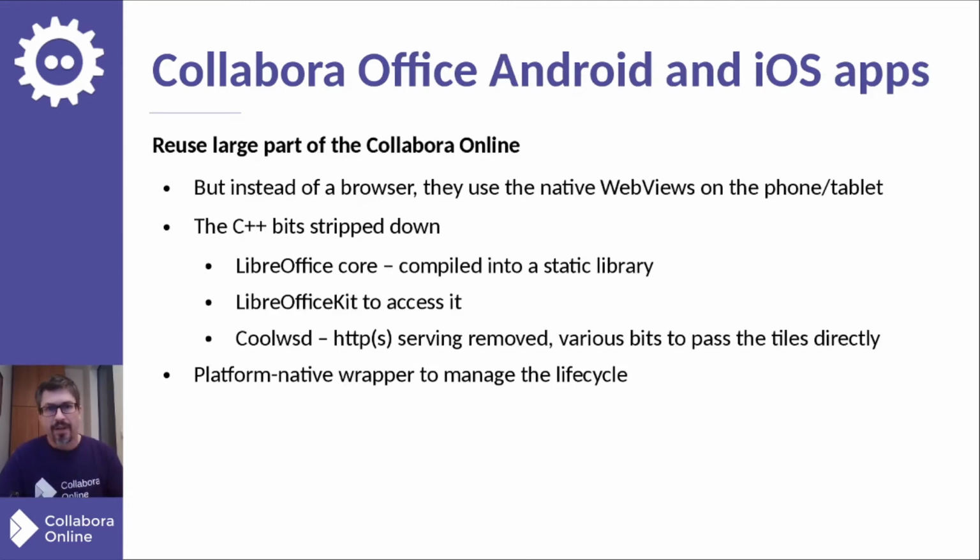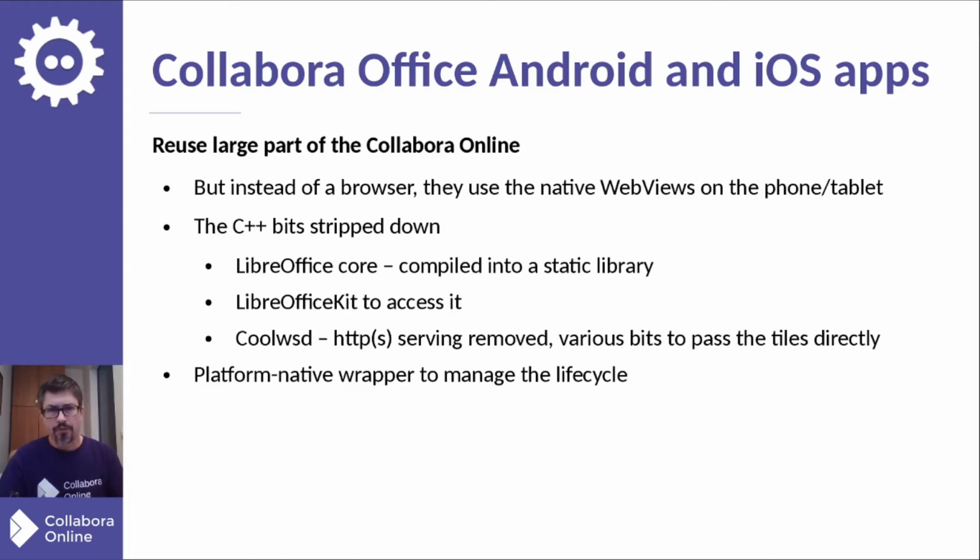And there are Collabora Office Android and iOS apps, so they are using the Collabora Online to a very large extent, but instead of browser or remote browsers of the users, they use the native web views on the phone. And thanks to that, we do not have to have all this HTTP or HTTPS serving, so we can pass the tiles around just directly inside the app.